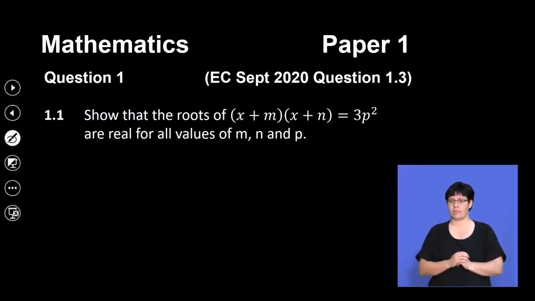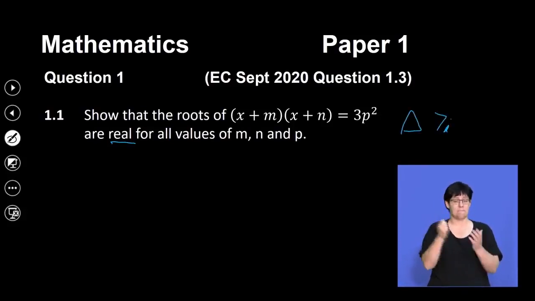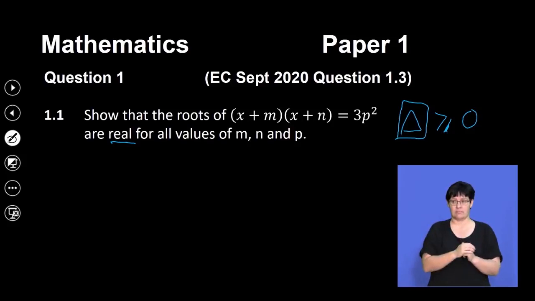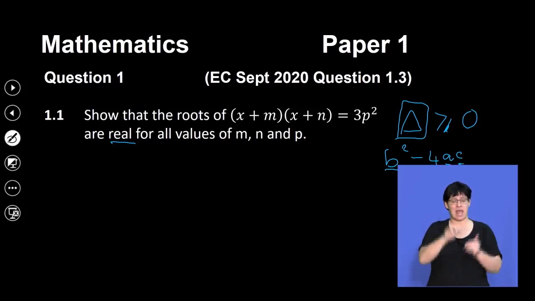Okay, so we know that for the roots to be real, the discriminant needs to be greater than or equal to 0. So we need to calculate the value of that discriminant. In order to get the discriminant, we know that that is equal to b squared minus 4ac. So we need to be able to extract the b, the a, and the c from this expression.